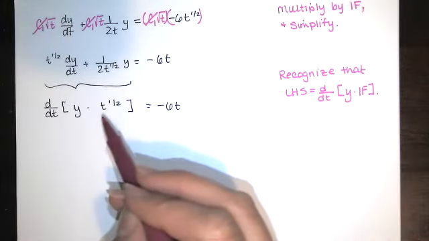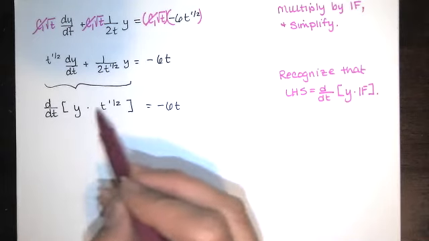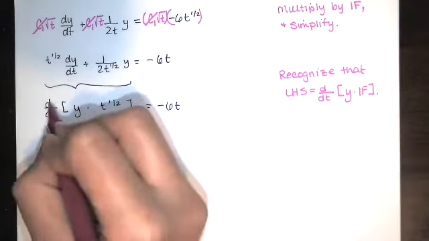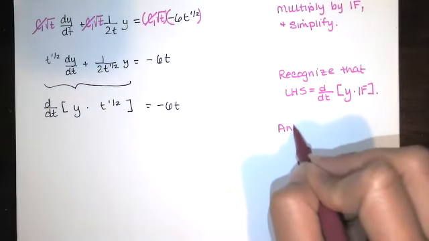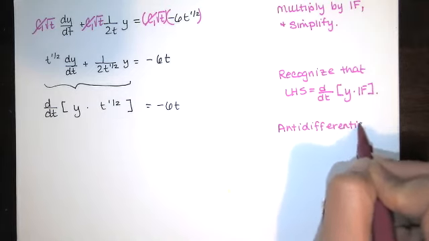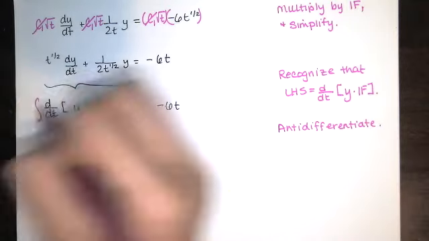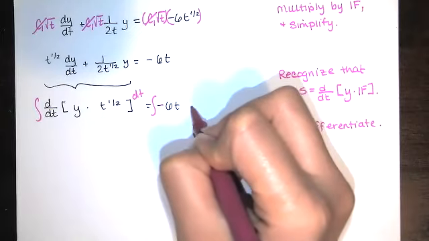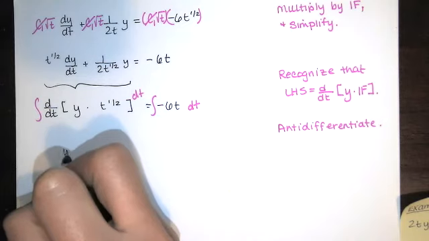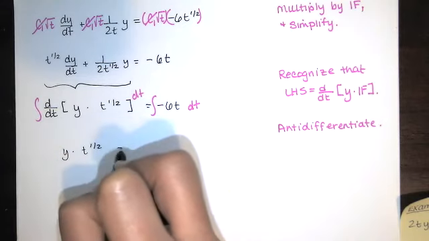So we're here, we're trying to get to y, and I've got the derivative of this product involving y equals this function of t. In order to get rid of the derivative, we anti-differentiate both sides with respect to t, and the antiderivative of the derivative is the original function.